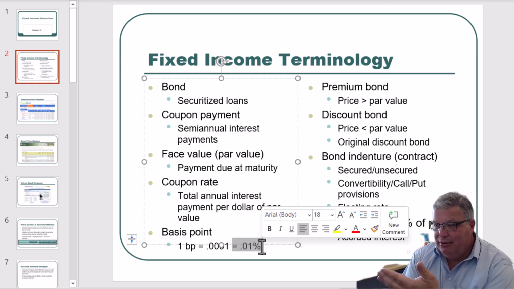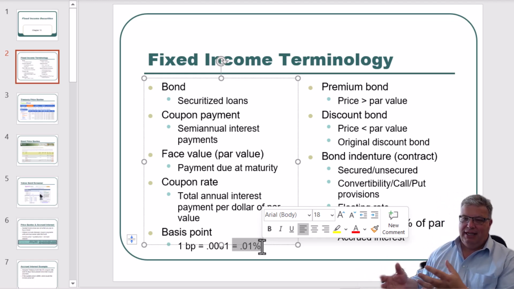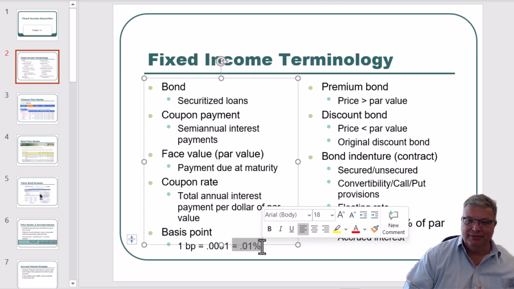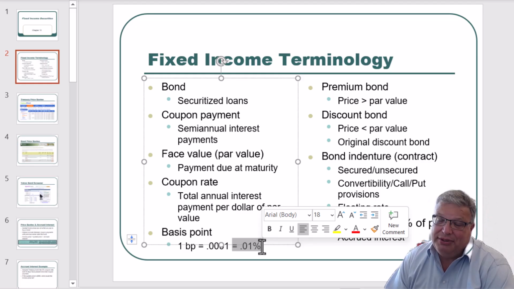A dealer buys a bond from a seller, and they'll find a buyer for it, and they have a markup in between. And so sometimes they'll quote their markup as kind of like a yield to maturity. And so the difference in the yield to maturity will change the price. So it kind of embeds the price differential there.